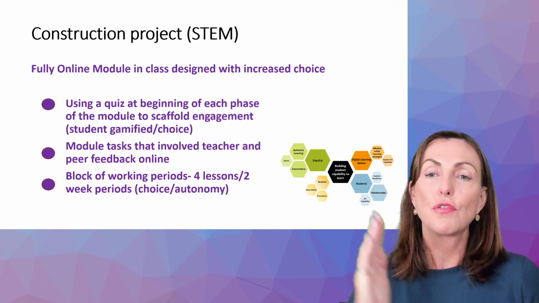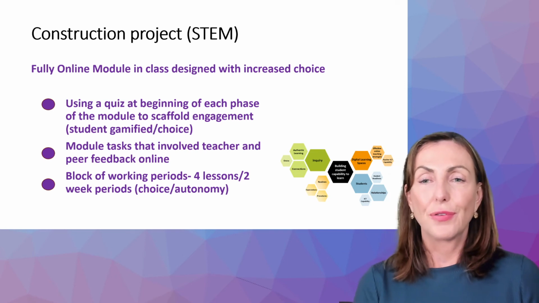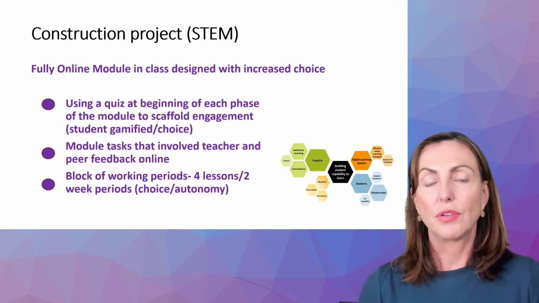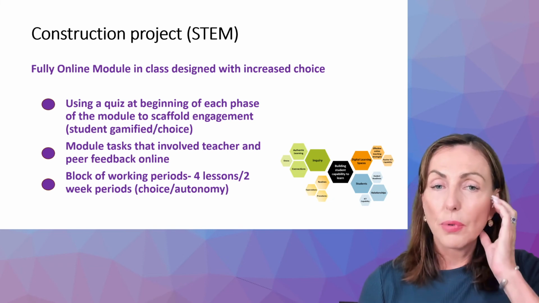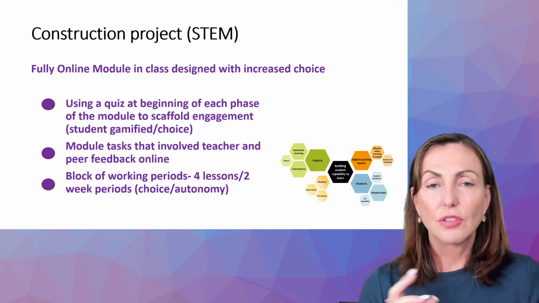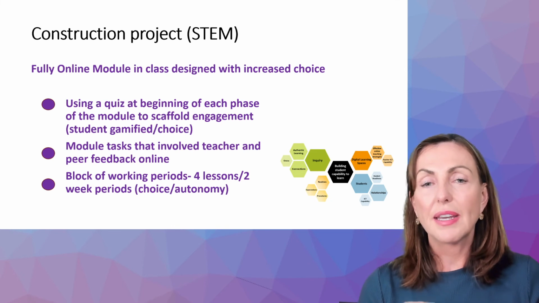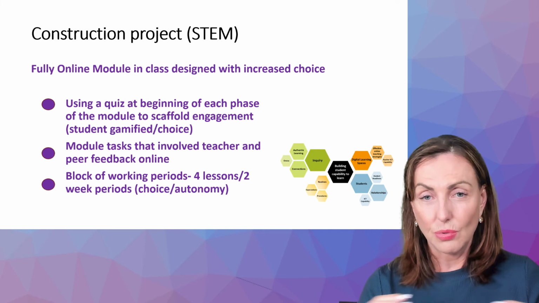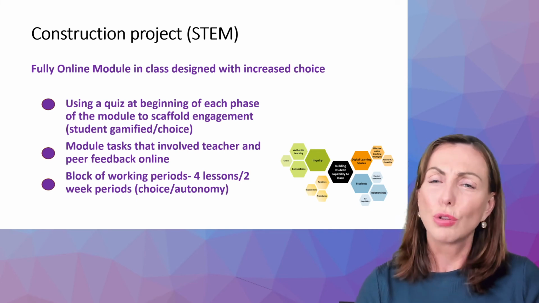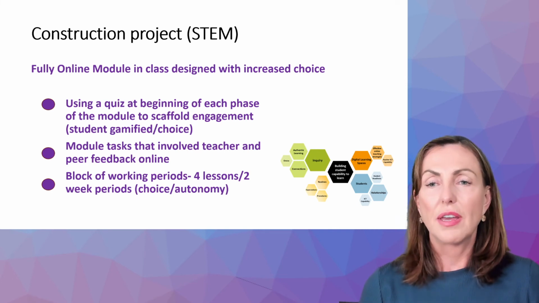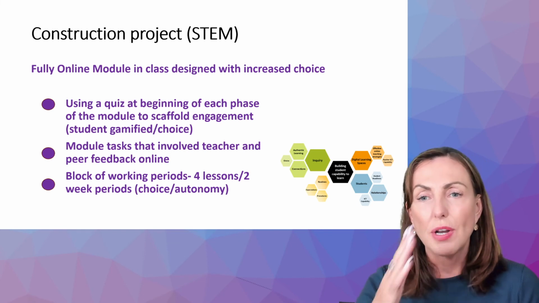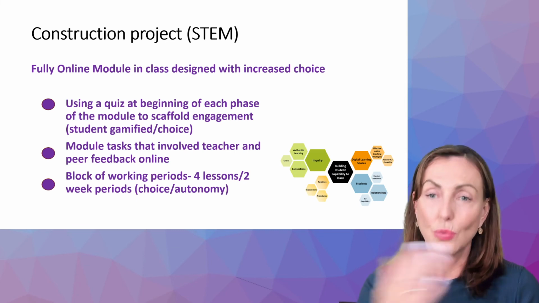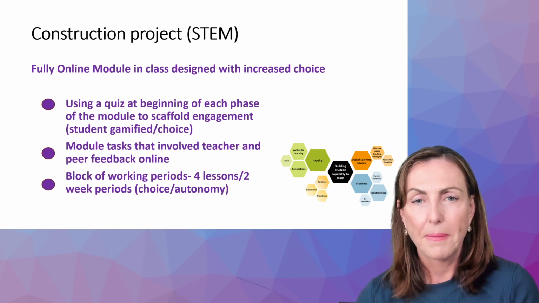So as part of the movement to module online would be some collaborative space work that they would have to do. And a block of working periods, say 4 lessons, 2-week periods where they get greater choice and autonomy. So they might actually have this sort of type of work going across a longer period of time. So they have greater opportunity to complete the task, and it's also embedded in the classroom work.